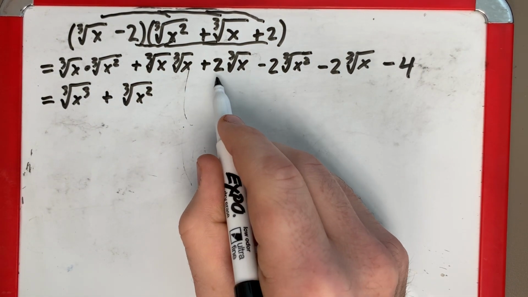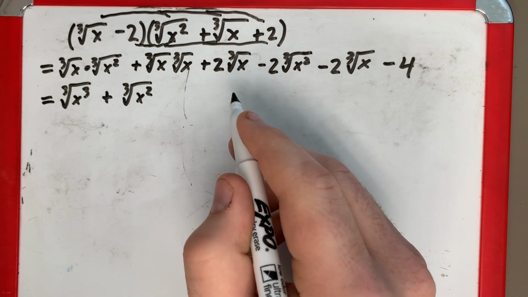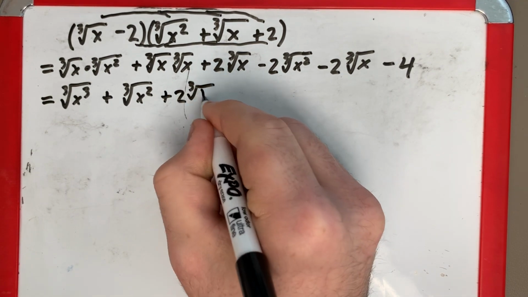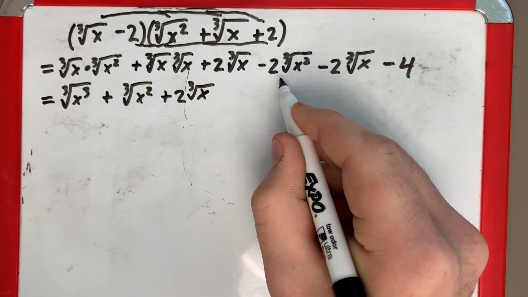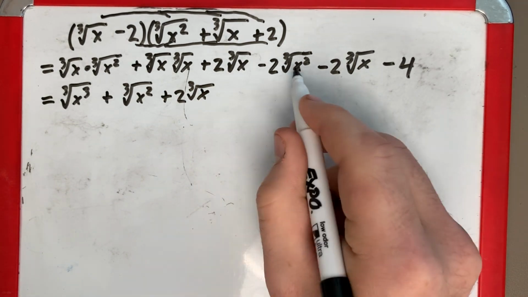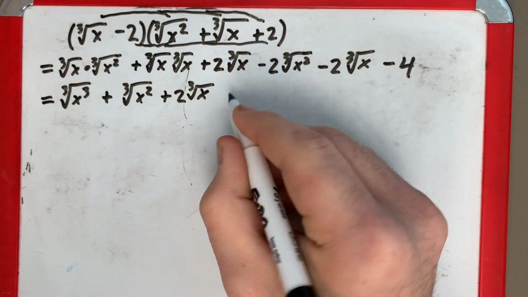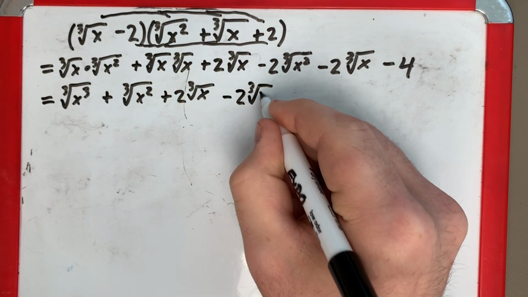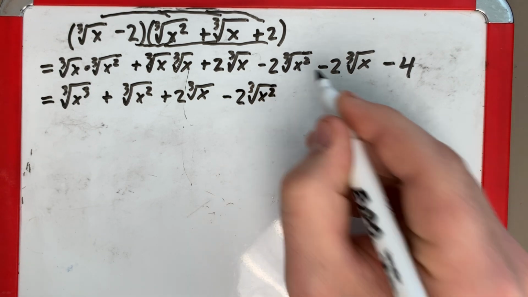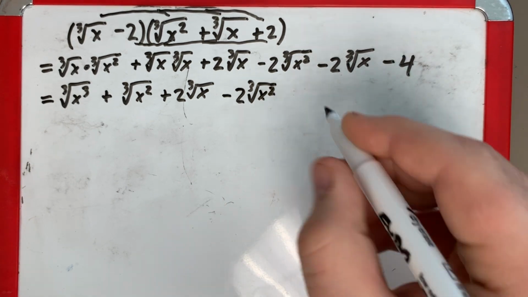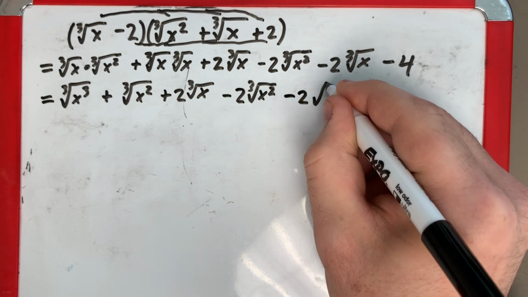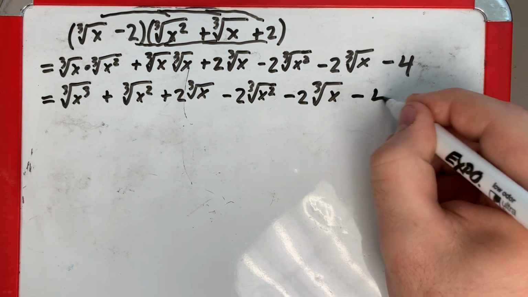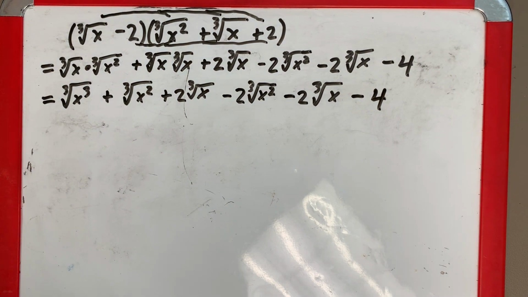And now here I'm looking at 2 times cube root of x. Not really much to simplify there, so I'll just carry that along. Now I have minus 2 cube root of x squared. That's why I didn't combine these to begin with. All right, so we have 2 cube root of x squared. I have a minus 2 cube root of x here. So I'll just rewrite that, and I have a minus 4 just hanging around at the end.